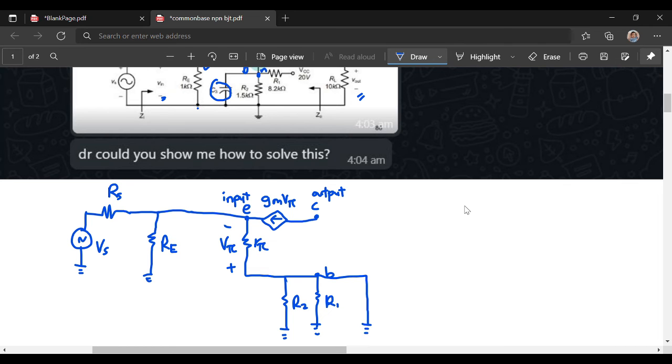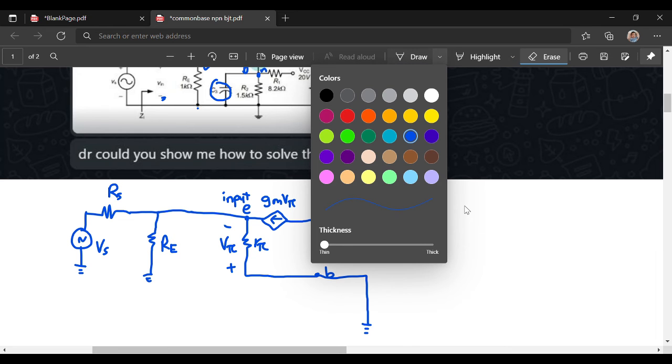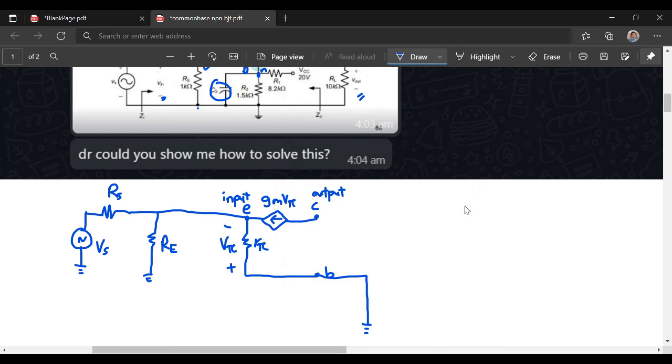So what happened here? C3 bypasses the base to ground. Therefore no current will flow through R1 and R2, because the current will find the easiest way to flow. So we can eliminate R1 and R2 from our circuit so that we don't get confused.